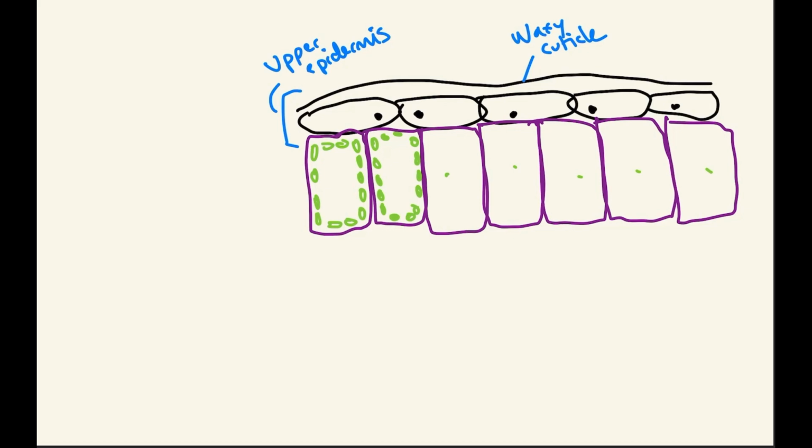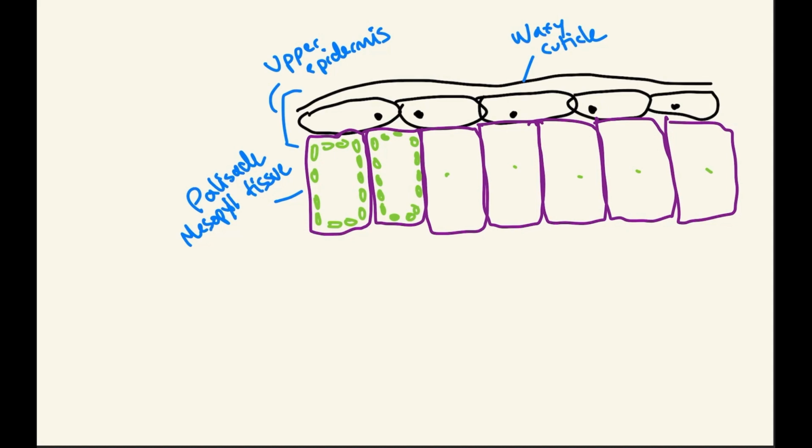Now, underneath these palisade mesophyll layer, let me just label it. Let's just call it a tissue. We have what's called a spongy mesophyll tissue. Now these are different, as in they don't look like the palisade mesophyll tissue.